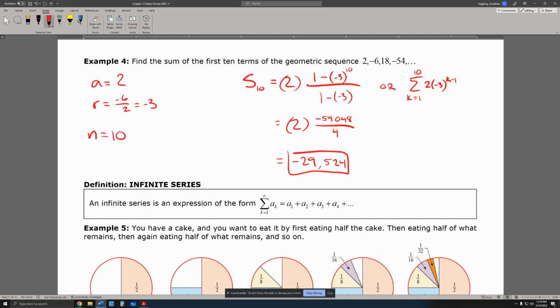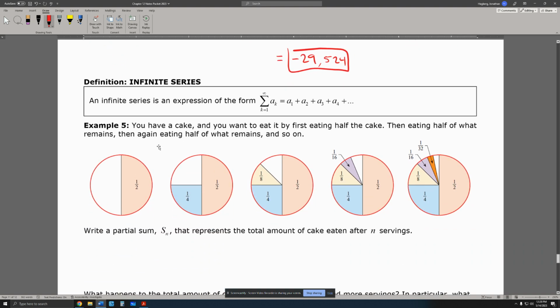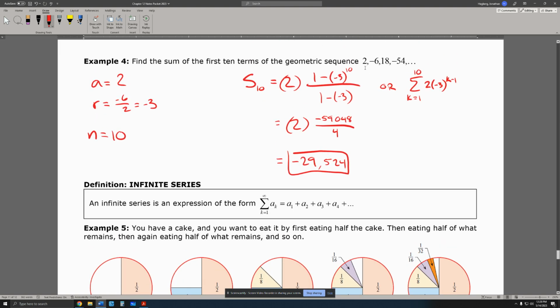All right, so now I want to talk about an infinite series. An infinite series is just a sum of all of the terms in the sequence. So if I were to say a series of the terms 1 through 5 in this sequence here, we would have 2, negative 6, 2 plus negative 6, plus 18, plus negative 54, plus the next term, right?